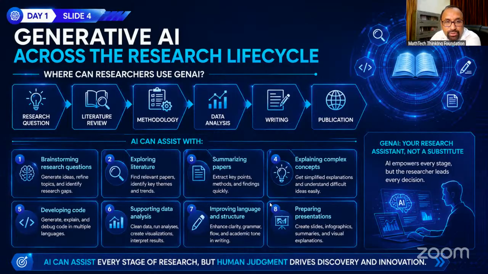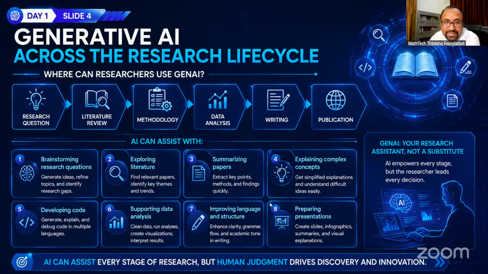During manuscript preparation, AI can help improve grammar, clarity, organization, and readability. Finally, AI can also support research communication by helping researchers prepare presentations, graphical summaries, educational material, or other communication output. So potentially, AI can assist with almost every stage of the research.